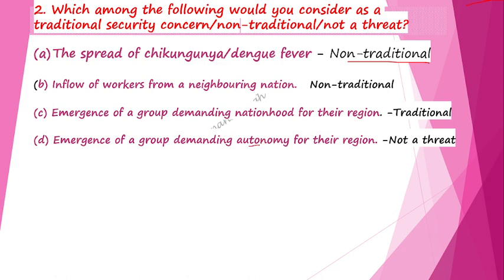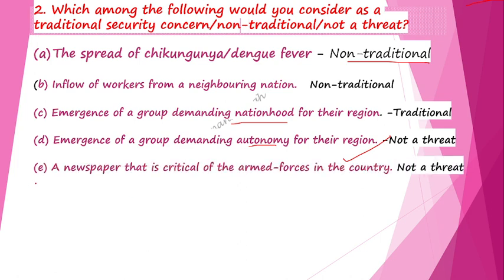There it was autonomy, and here it was nationhood, so that is the difference. For their region, this is not treated as a threat. Now the last one: a newspaper that is critical of the armed forces in the country. This is not a threat either. It is not treated as a threat.